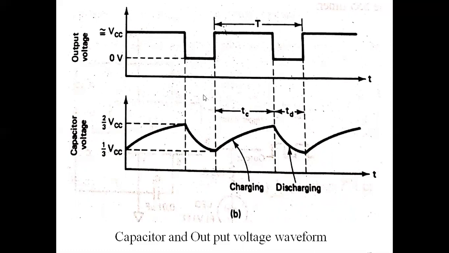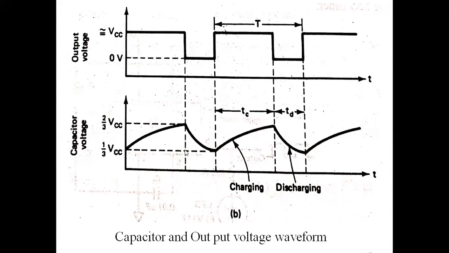and the output goes high. Once again the output goes high, then the cycle repeats, and the output voltage and capacitor voltage waveforms are shown here in the figures.